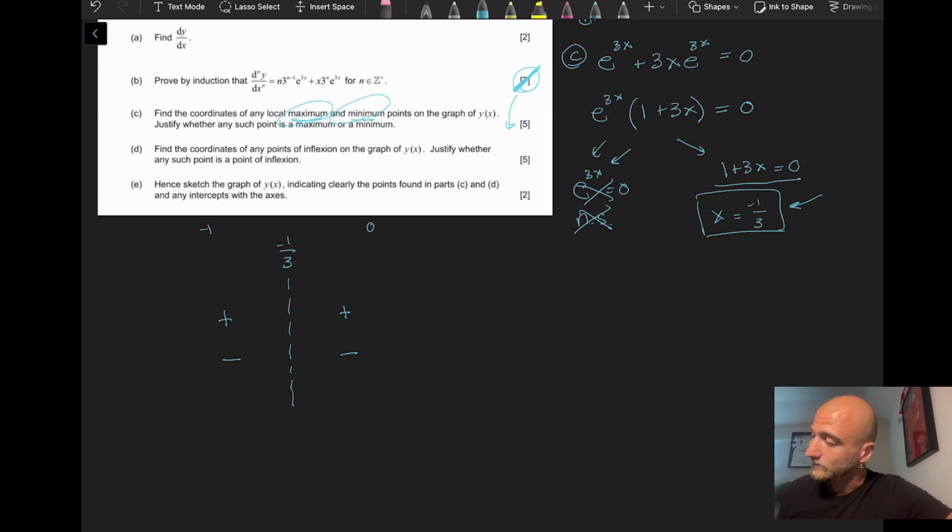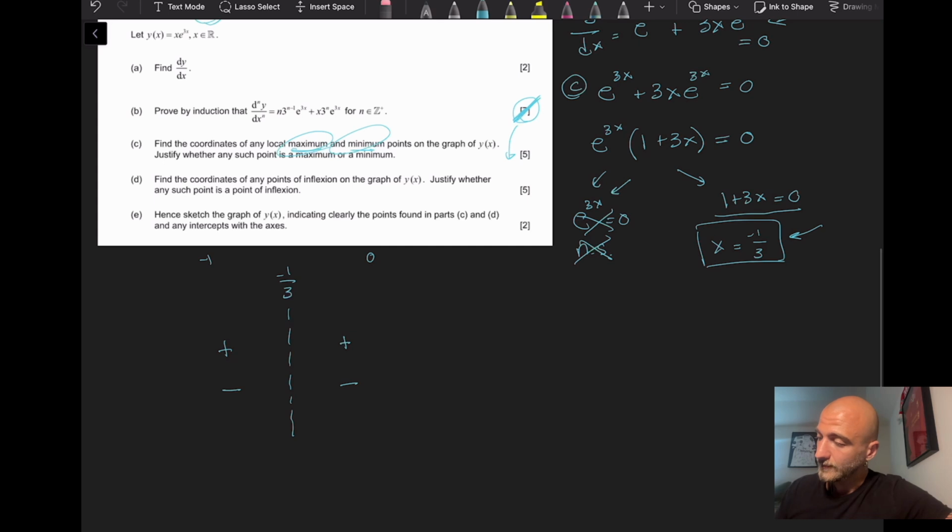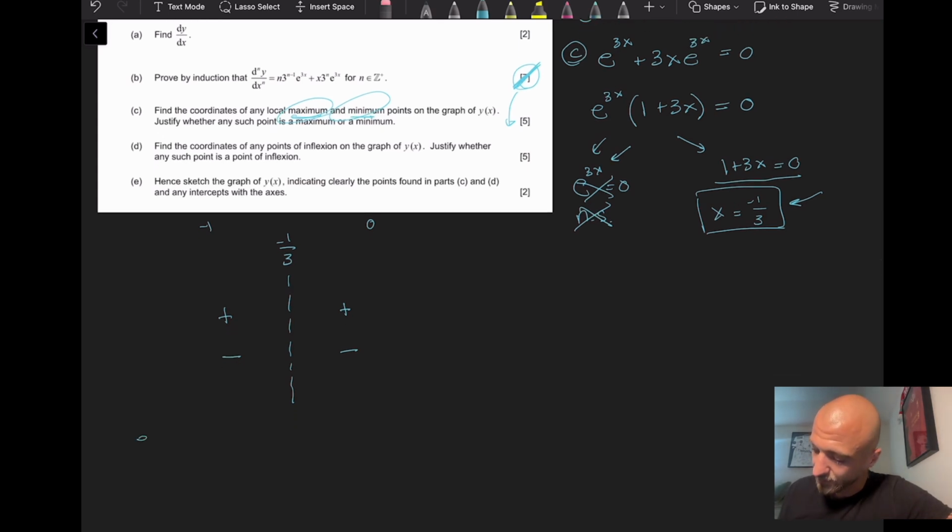If I plug in a negative 1 into this derivative, I'll write it down here, y prime. There we go. Sometimes we're writing away and can't help but make some mistakes. Hope you don't on your tests, though. If I plug in a negative 1 into the derivative, I get e to the negative 3 minus 3e to the negative 3.